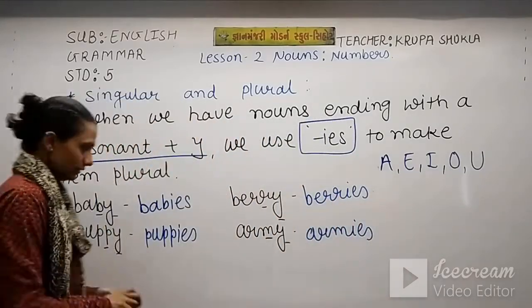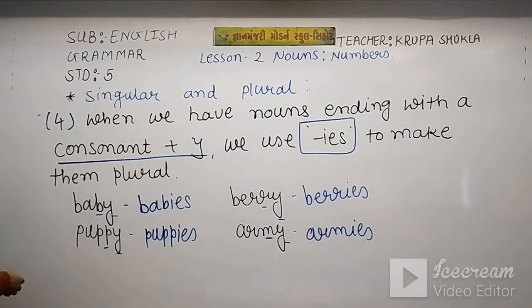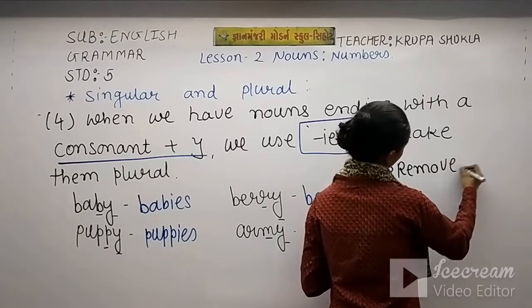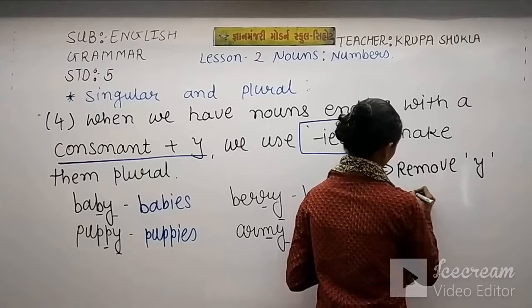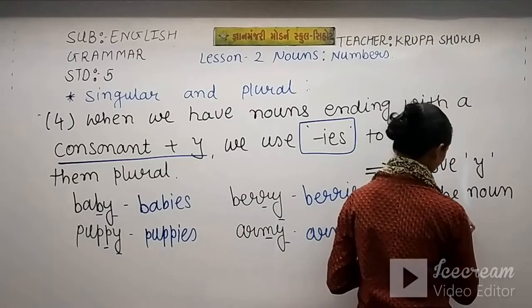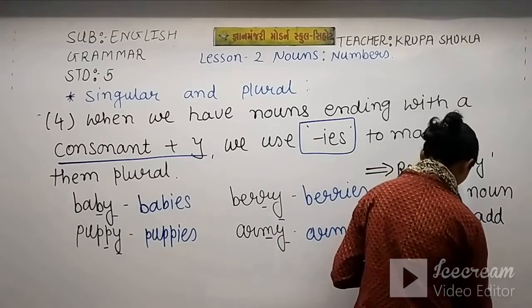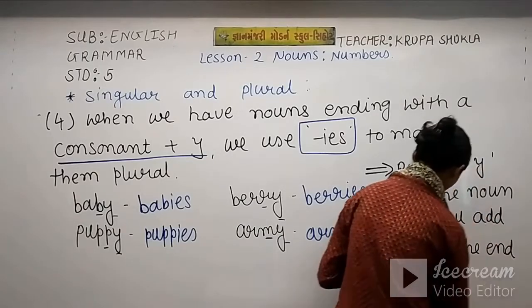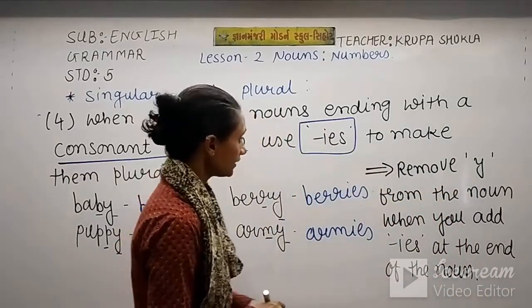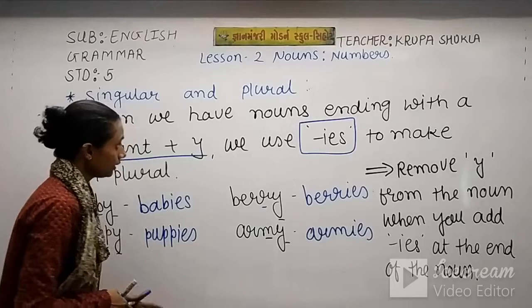So the rule we get from this is: remove y from the noun when you add ies at the end of the noun to make it plural. So this is rule number 4.